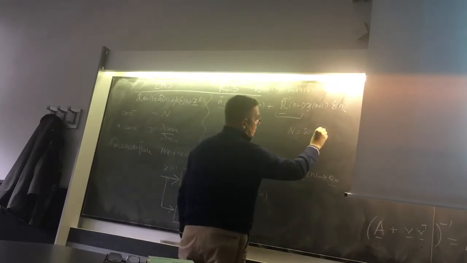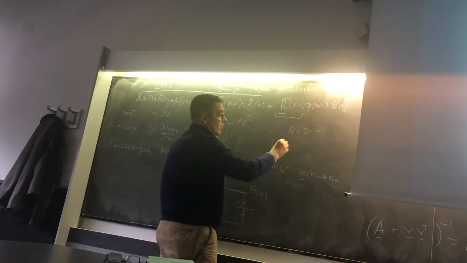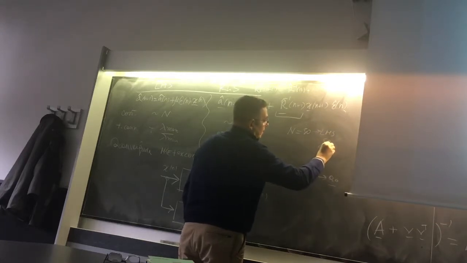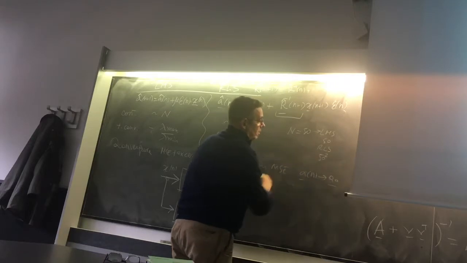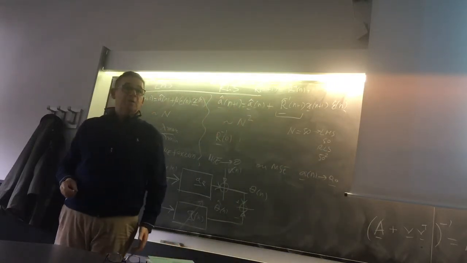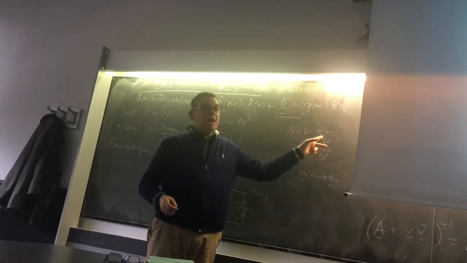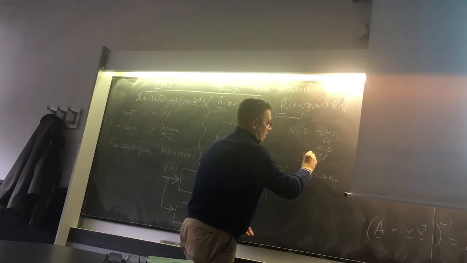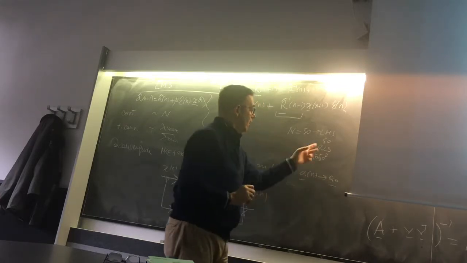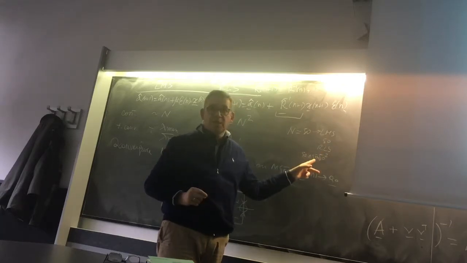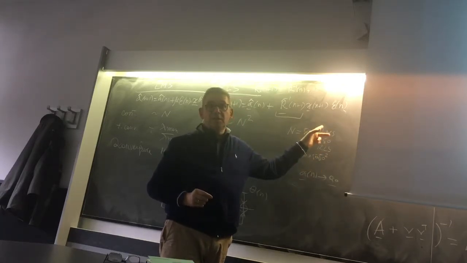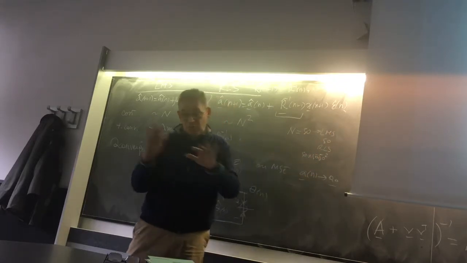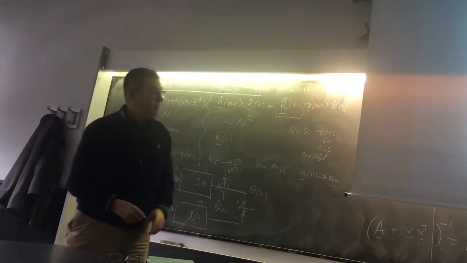In one case the cost is 50, so the cost of LMS is 50, and the cost of RLS is 50 squared. 50 squared means that this one is 50 times slower than that, because 50 squared is 50 times 50. So if this one takes 1 second, this one takes 50 seconds. If this one takes 1 microsecond, this one takes 50 microseconds. That's just to give you a number. So, cost.